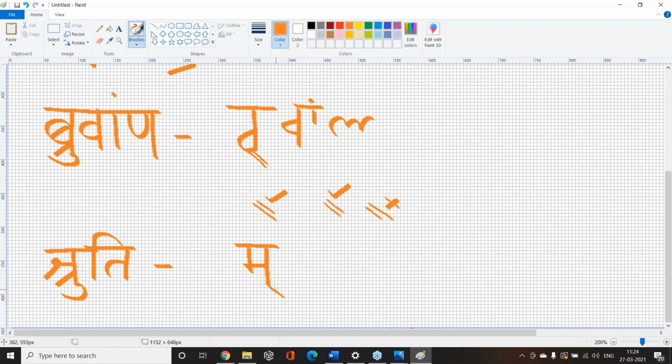Now, as per the general matra rule, the u should have been like this, correct? But with this special rule, when u and ra are together, this ra will attach here, and they will be like this. This is shru.